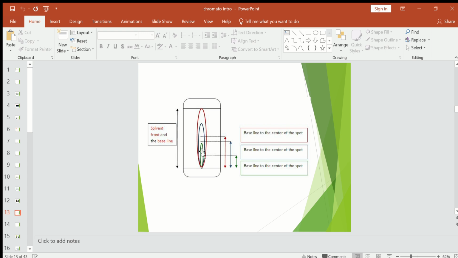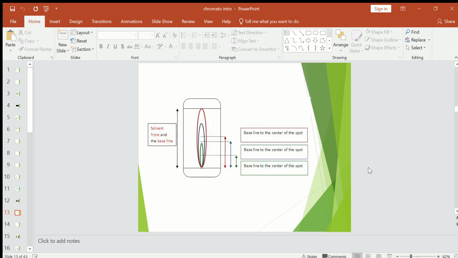For example, this is green, this is a long spot, and then you have to draw a line at the center of that particular spot. This will be the distance of the green spot, blue spot, and the red spot, and you will divide these points by the distance traveled by the solvent front, and that value will be your RF value. So RF value must be less than 1.